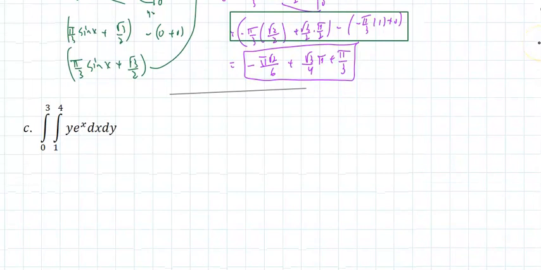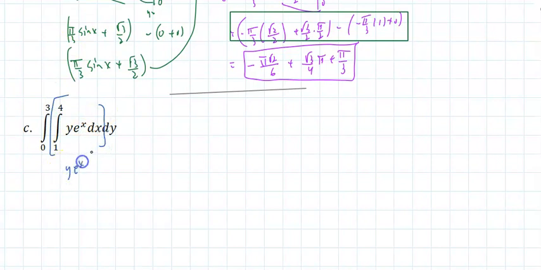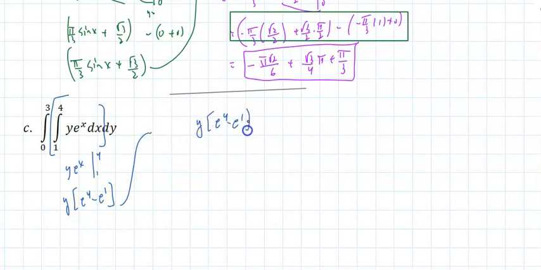And if I was looking at this problem, with respect to x, that's y e to the x evaluated from 1 to 4. That is y into e to the 4 minus e to the 1. Now take this quantity with respect to y from 0 to 3, that is y squared over 2, and this is just a constant.